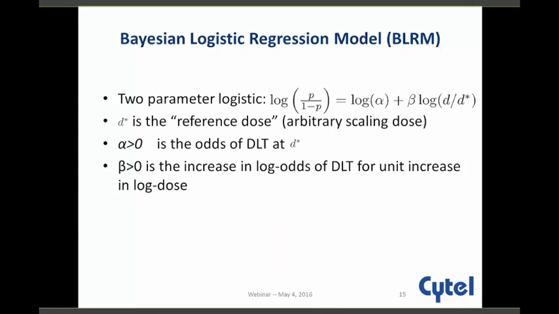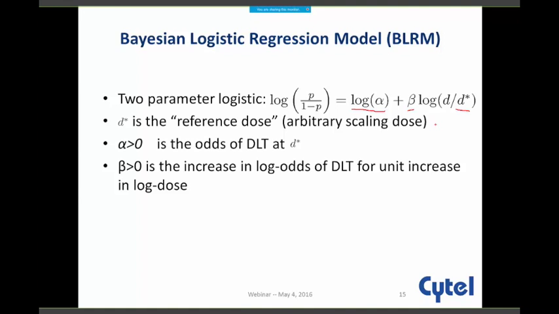According to this method, a two-parameter logistic model is used to model the dose-toxicity relationship. The two unknown parameters here are alpha, or log alpha, and beta, or log beta. There is use of a reference dose, which is an arbitrary scaling dose. And then these two parameters also have a natural interpretation.